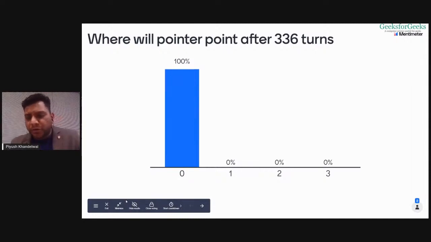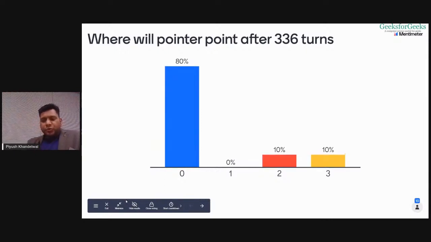Okay, everyone is saying 0. I hope this could be the answer. Okay, someone is saying 2, 3. Fine. Hurry up, submit your answers fast.